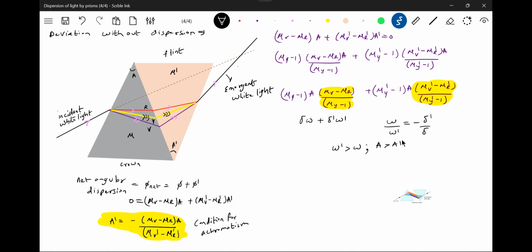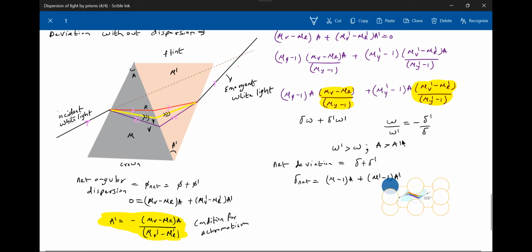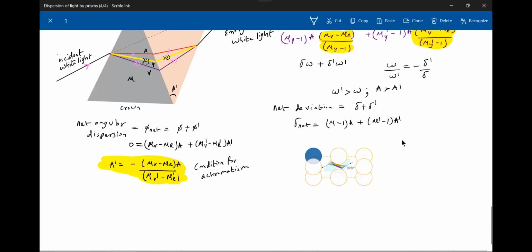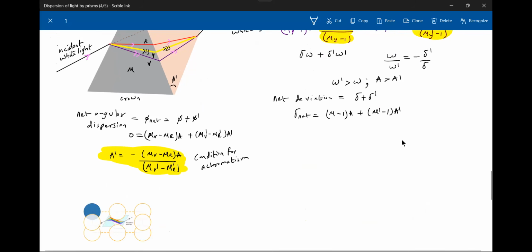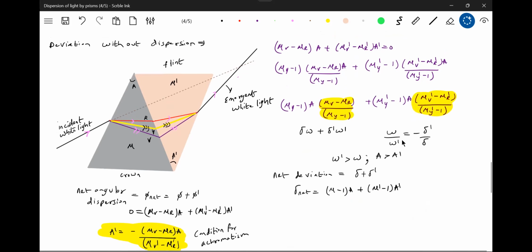Okay, after this we'll go for the net deviation. So the net deviation is given by the net deviation delta net is equal to mu minus 1 A plus mu dash minus 1 into A dash. Later on I'll bring some image.